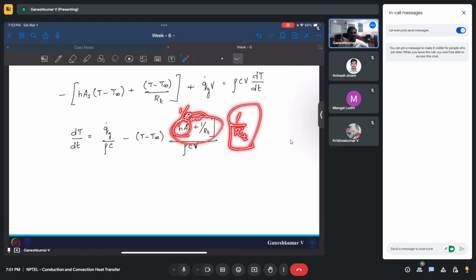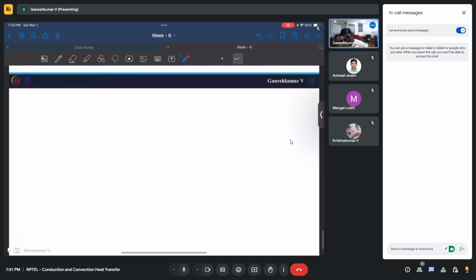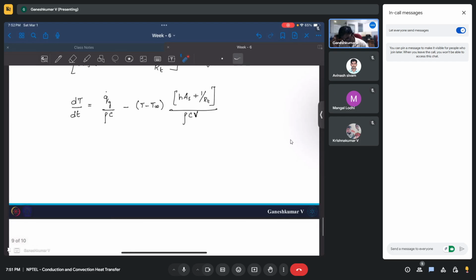This is the total resistance for the entire heat transfer from the chip. So if it is 1 by R, it's going to be conductance, right? That is what we write in the numerator. I hope the physical significance is also clear. Basically, this is our final equation.